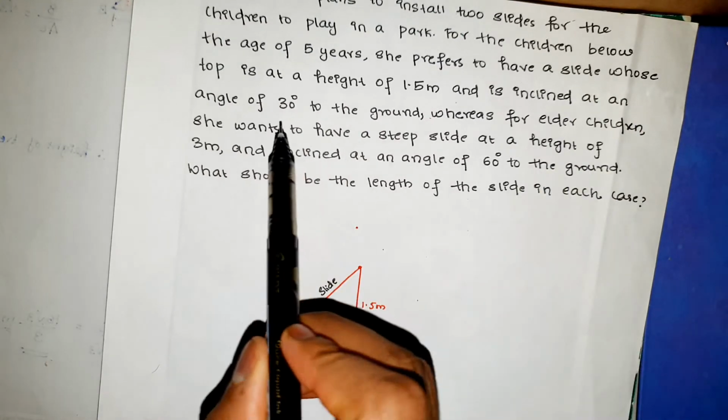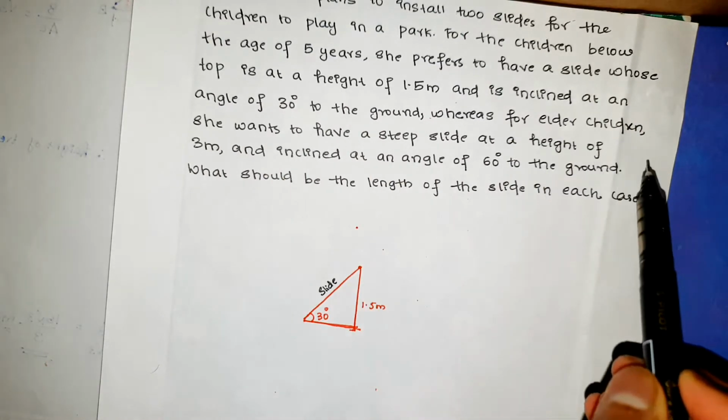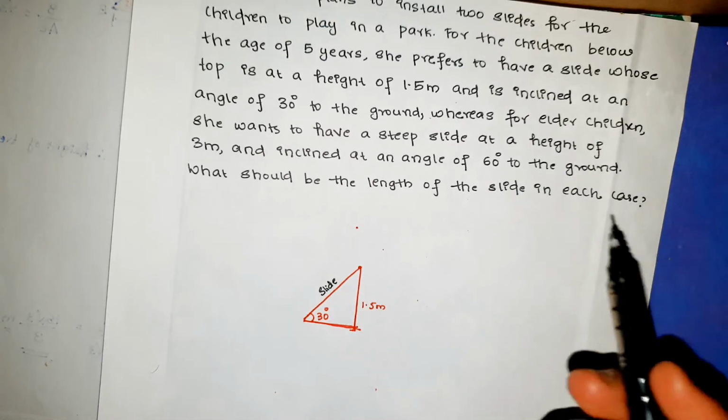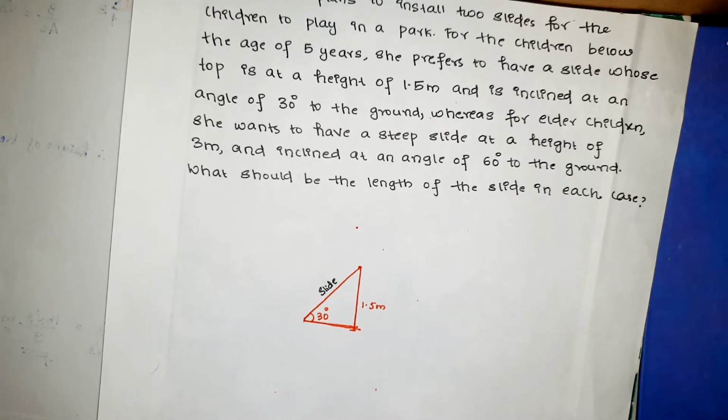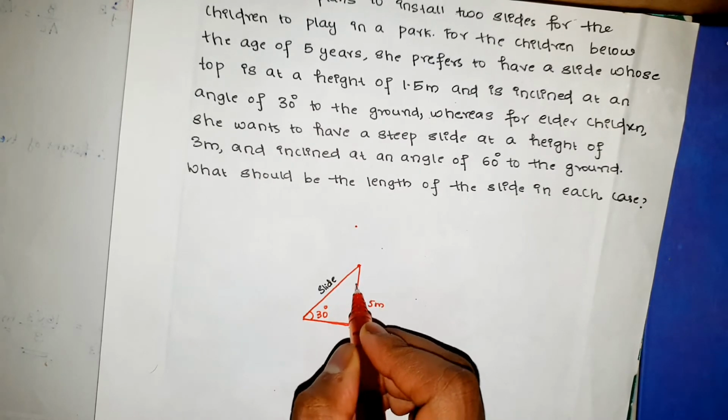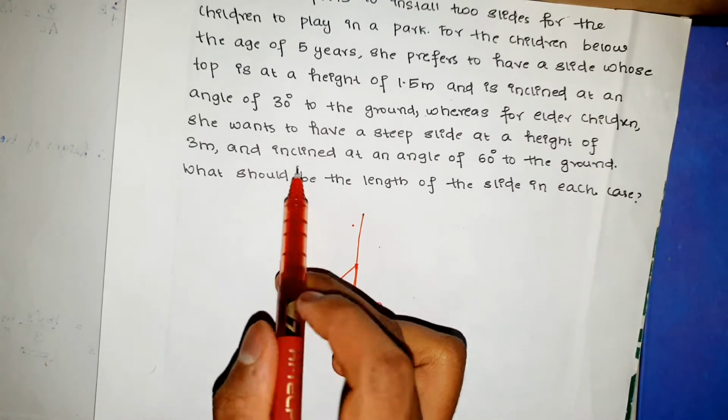Next, whereas for elder children, she wants to have a steep slide at a height of 3 meter. For elder children, what is the height of the slide? It is 1.5 plus 1.5, that is 3.